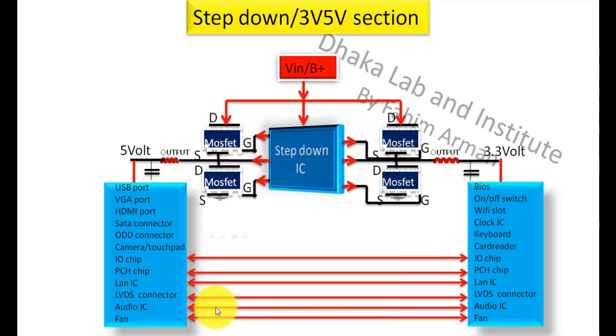So here we can see that both 3.3 volt and 5 volt are necessary for these sections: IO chip, PCH chip, LAN IC, LVDS connector, audio IC and fan. For these sections, both 3.3 volt and 5 volt are required.